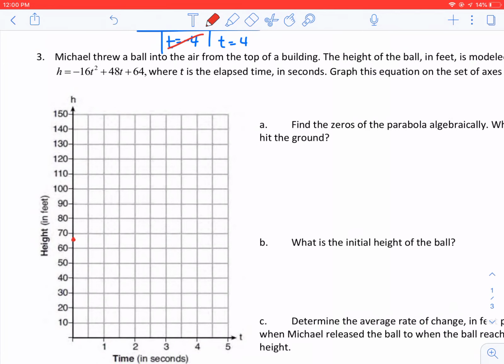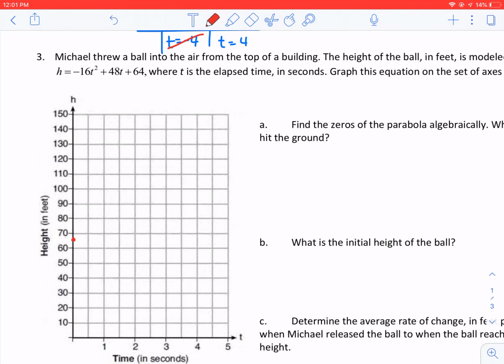Let me actually graph this myself: -16x squared plus 48x plus 64. And I'm going to change this into a table. So you got -1, 0. We don't need that point.